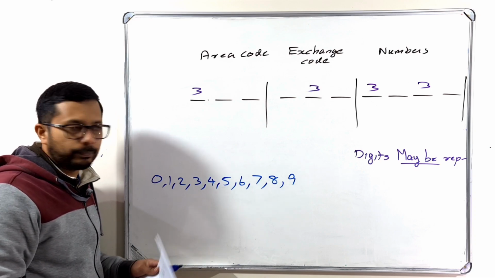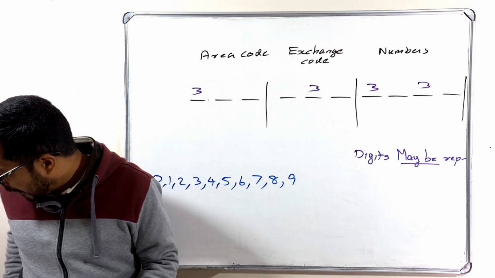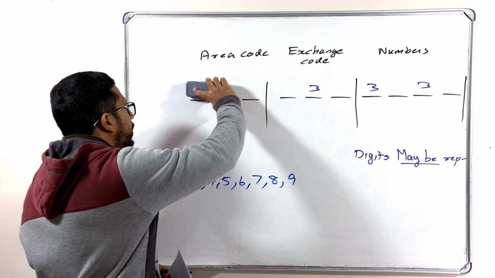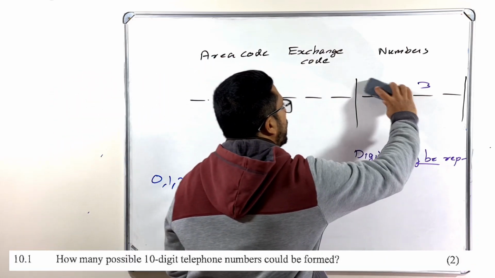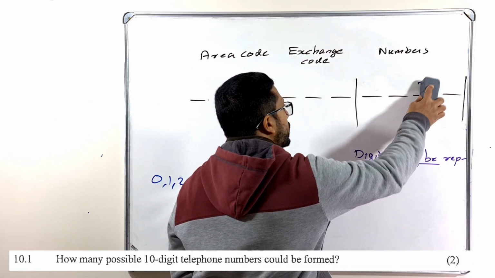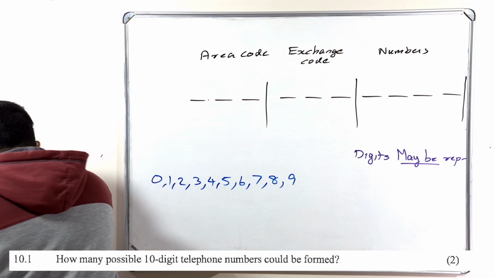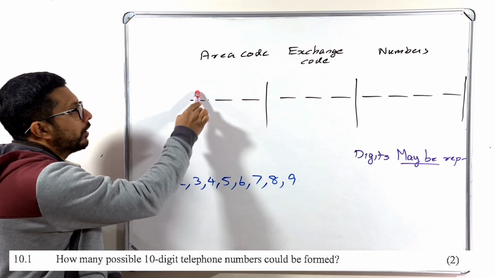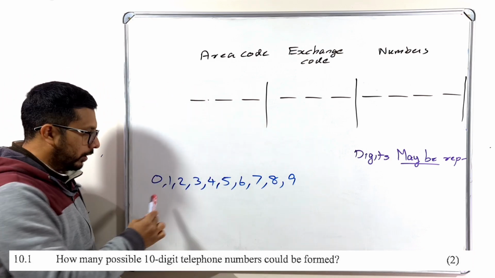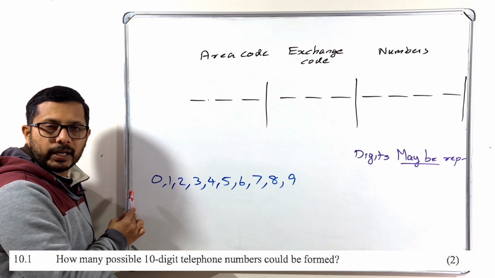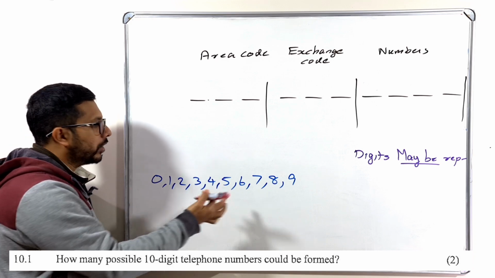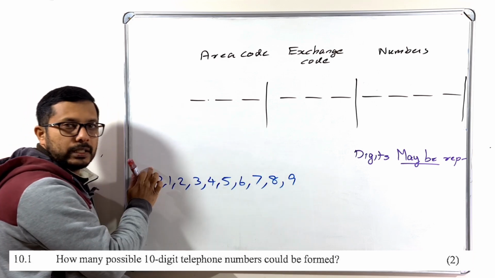Do you understand? Now tell me, for the first position to be filled, how many options do I have? 10 options. Am I right? I can take any number from these 10 numbers.